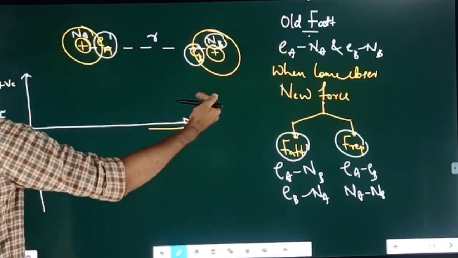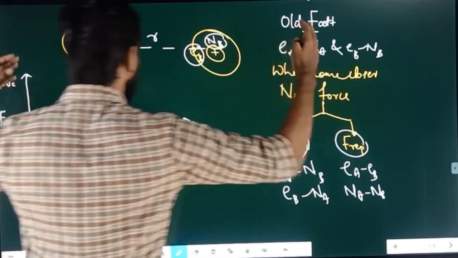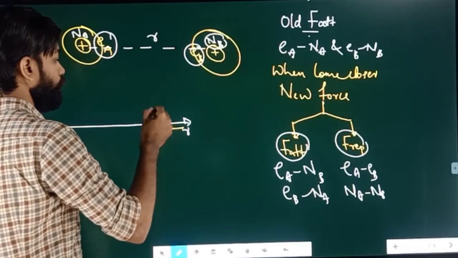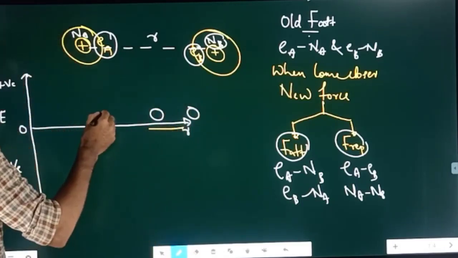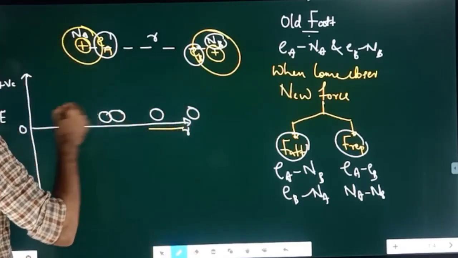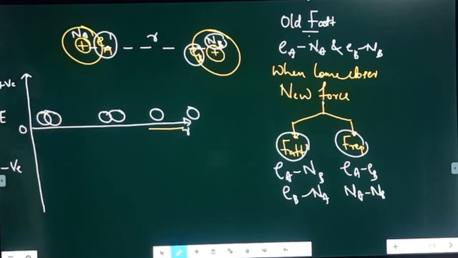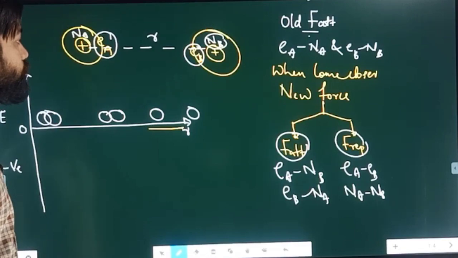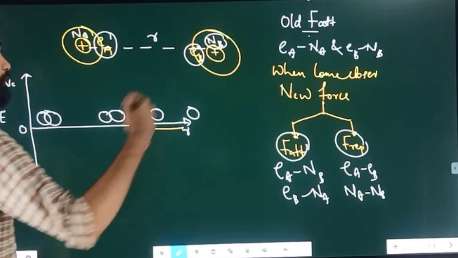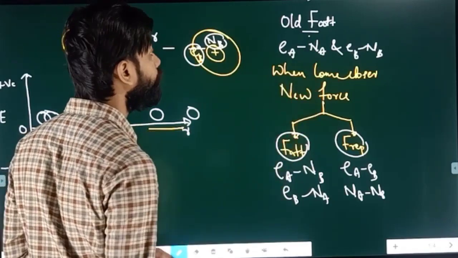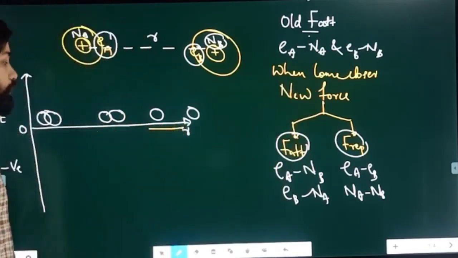So if you are moving from left to right, the distance between the atoms decreases. At an infinite distance or the maximum distance, there is a potential attractive force. So the potential energy is negative.